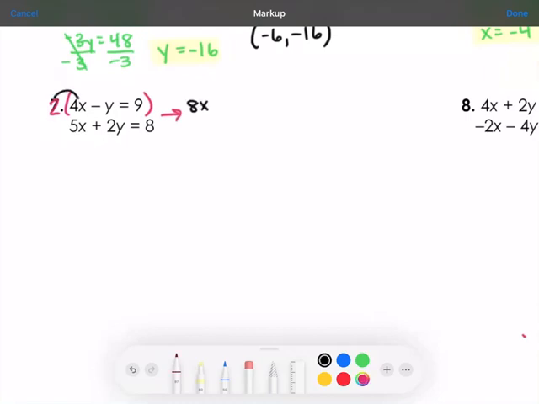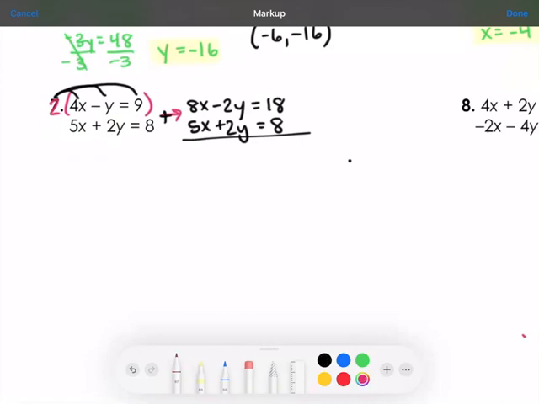This top one I'll distribute. 2 times 4 is 8x. 2 times negative y is negative 2y. And 2 times 9 is 18. Then I have 5x plus 2y equals 8. I'll add these together.